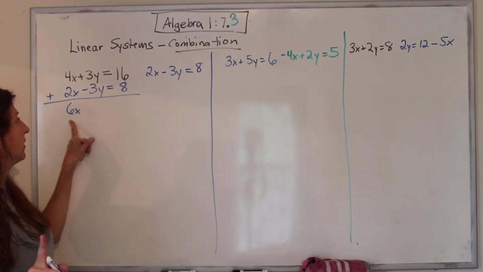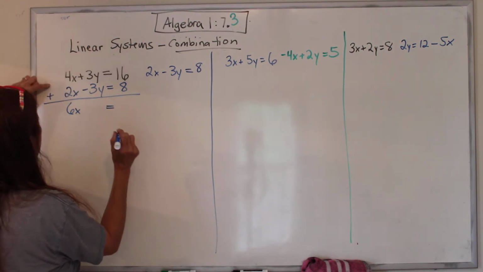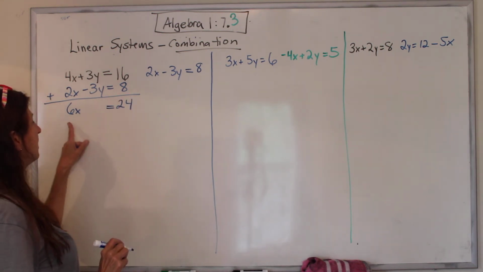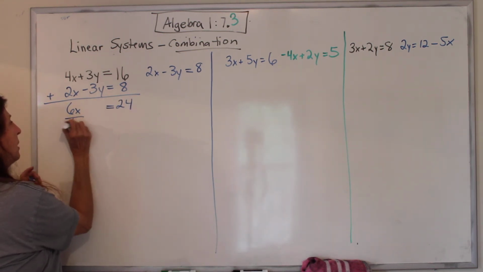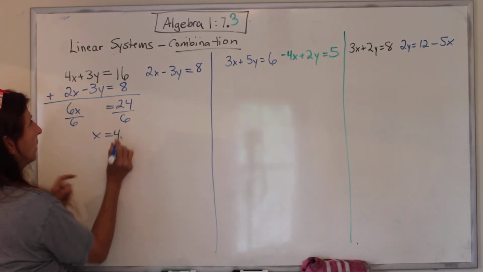We only want one variable, x. We want y to go away. And then 16 plus 8 is 24. Now we solve for x. x is being multiplied by 6, so we divide by 6. So x equals 4.